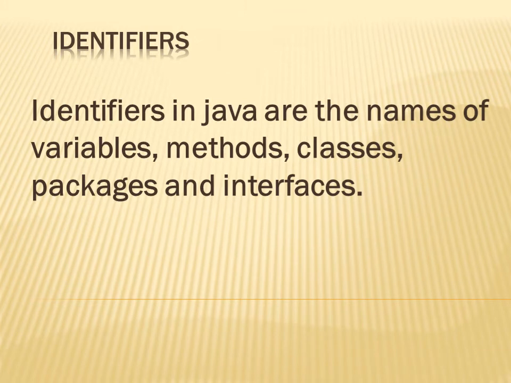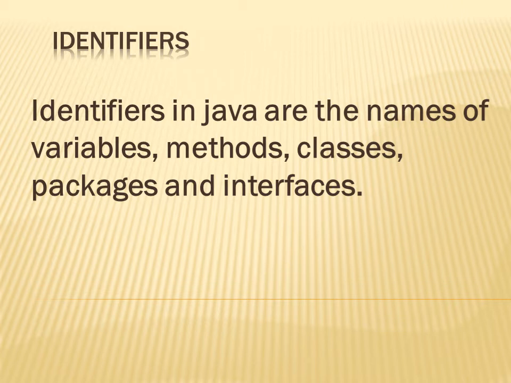Next is identifiers. The other name of identifiers is variables. Identifiers in Java are the names of variables, methods, classes, packages and interfaces. Class 10 students, you already finished all these contents in class 9, so this is only the revision.